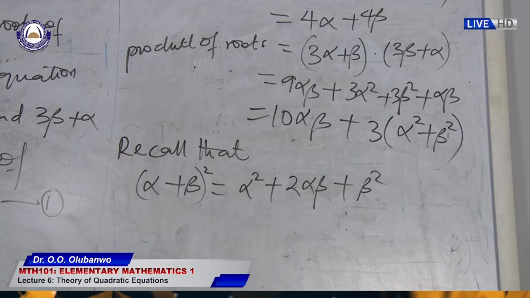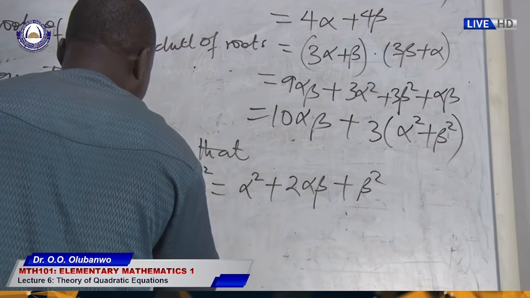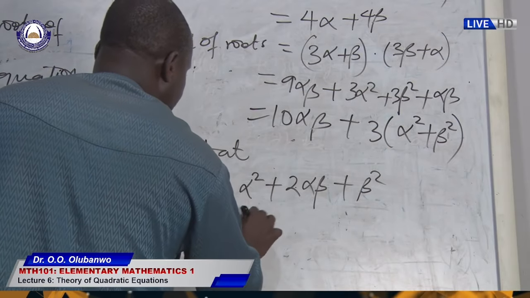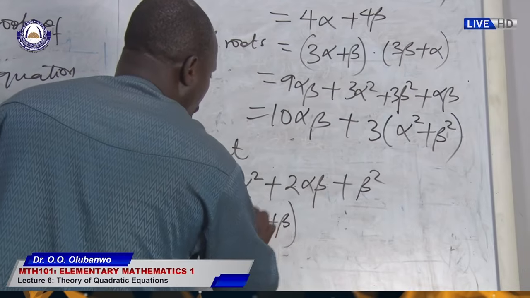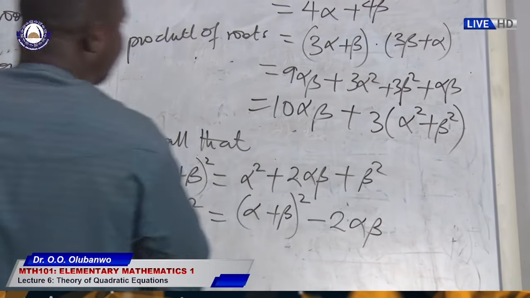Then we can write this as alpha squared plus beta squared is alpha plus beta all squared minus 2 alpha beta.